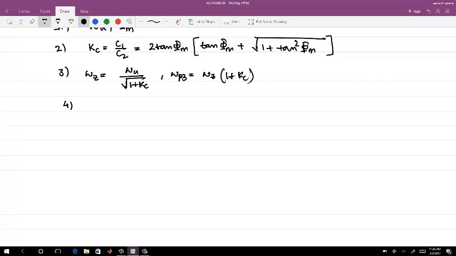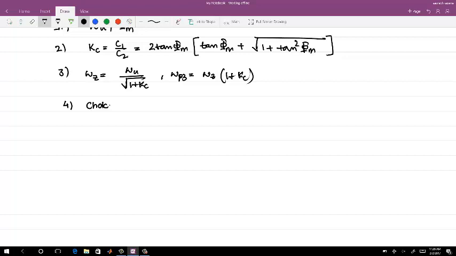Now you come to the component values R, C1 and C2. You have to make a choice for R. Phi m is some parameter which you will define for the stability.